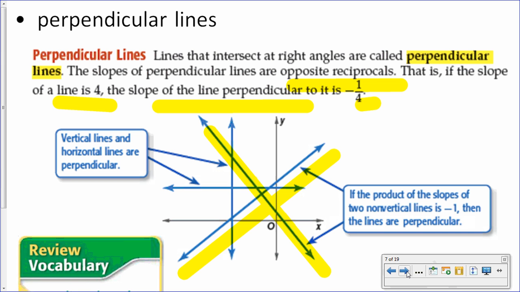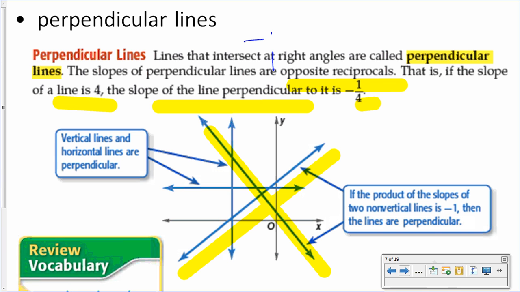So write these examples down so you kind of get a feeling. What's the opposite reciprocal of 1? Negative 1. What's the opposite reciprocal of 1 over 2? 2 over 1, then I have to attach a negative to it.